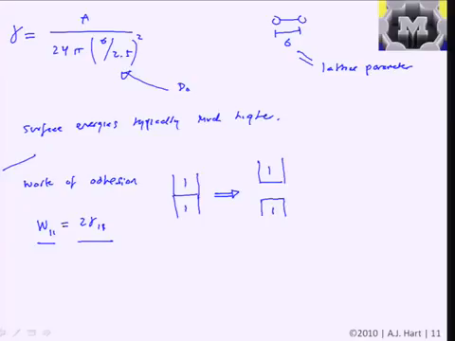And in principle here, we're really saying we're going from contact to infinity, so infinite separation, and this is all occurring in vacuum because we're not thinking about the material in between. But clearly, if there's a medium here, then the way that the medium interacts with the surfaces can affect how much energy is needed to separate them, whether the medium likes the surfaces or doesn't like the surfaces, for example.